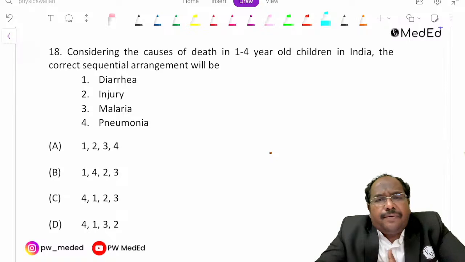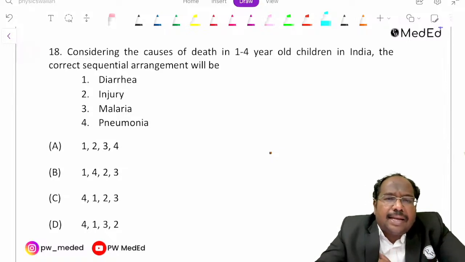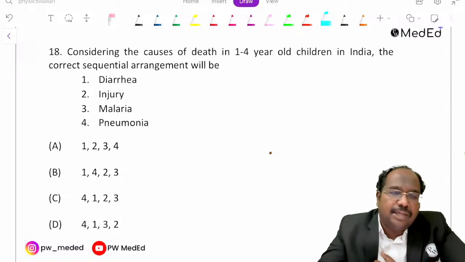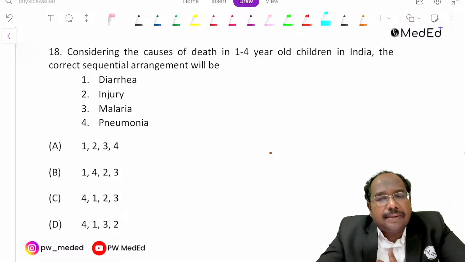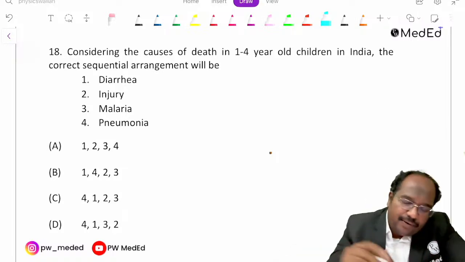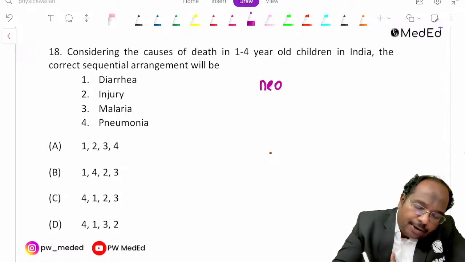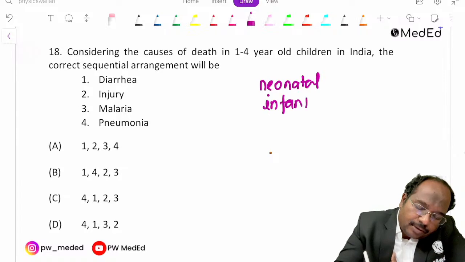Considering the causes of death of 1 to 4-year-old children in India, what will be the correct sequential arrangement? Now we will take different age groups: neonatal, infant, under 5.